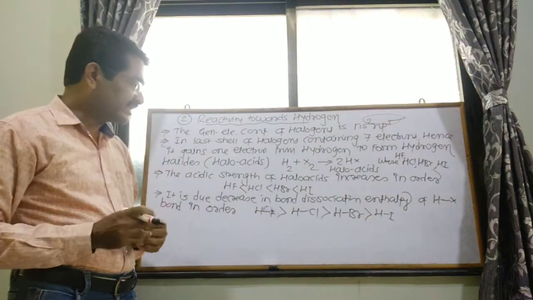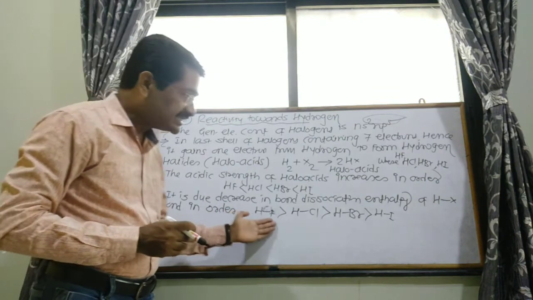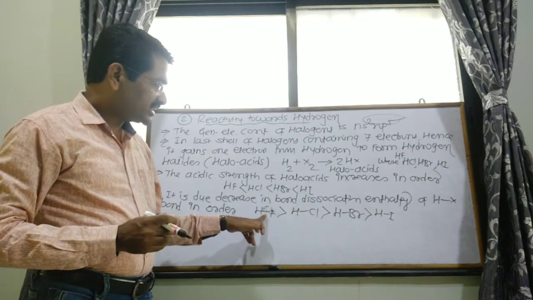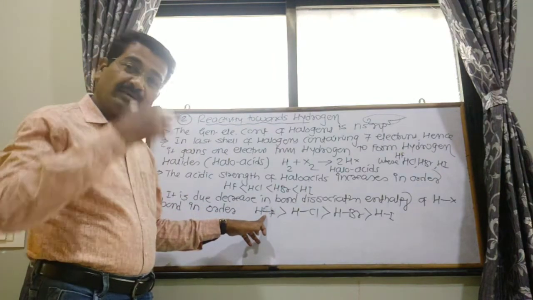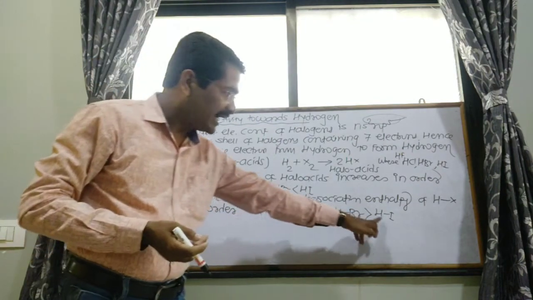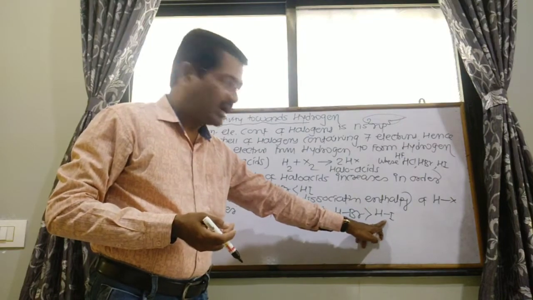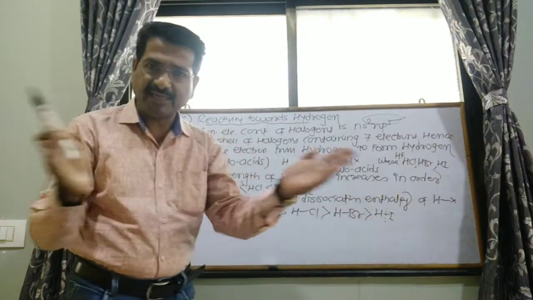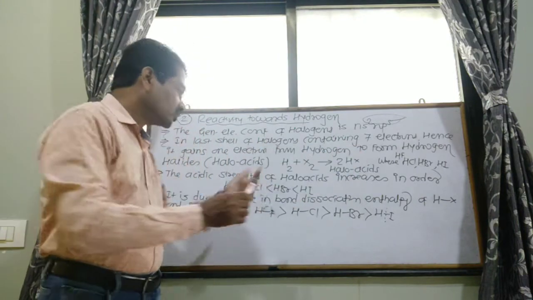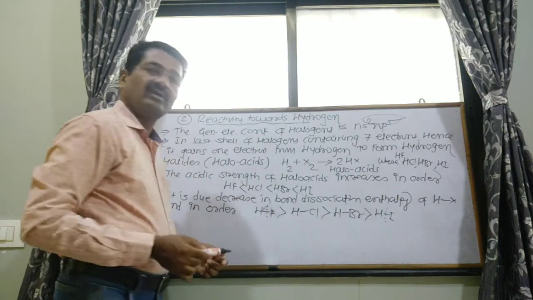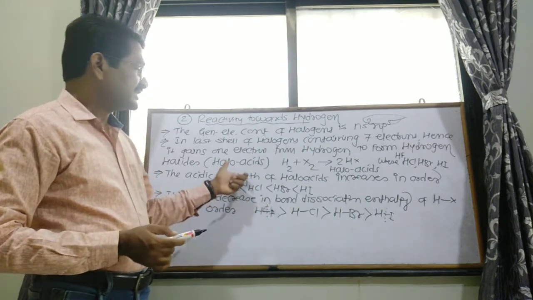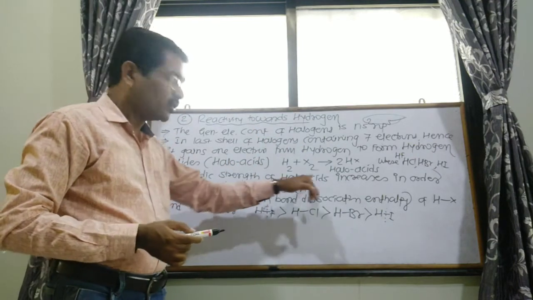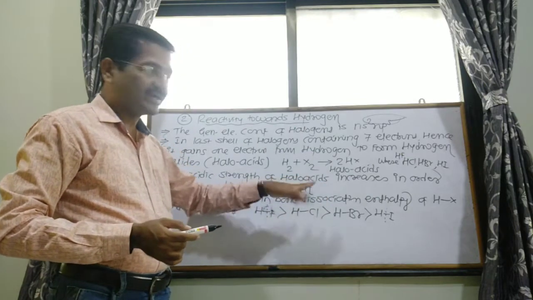Bond dissociation enthalpy decreases in this order, which indicates that the bond dissociation enthalpy of hydrofluoric acid is much more than that of hydroiodic acid. Hydroiodic acid requires less bond enthalpy for breaking as compared to hydrofluoric acid. Therefore, the acidic strength of haloacids increases from HF to HI. So these are the two points.